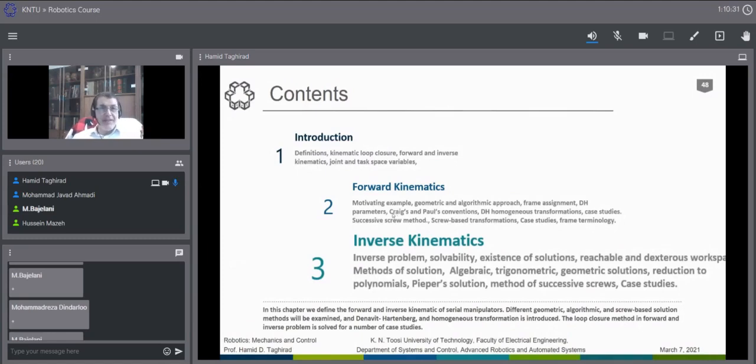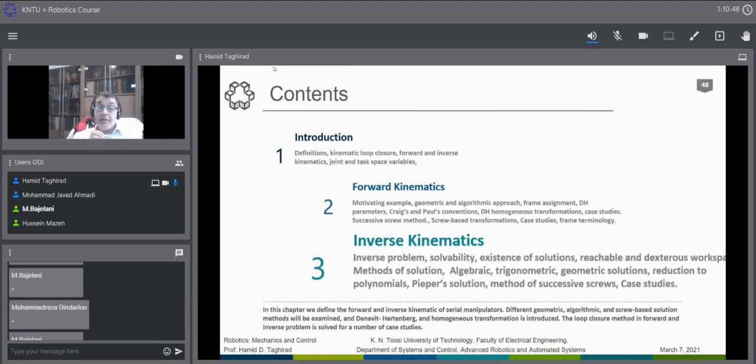Of course, I don't want to put that much emphasis on it because I'm a control man, not an inverse kinematics man, and I'd like you to learn more control. But without kinematics, it is impossible.